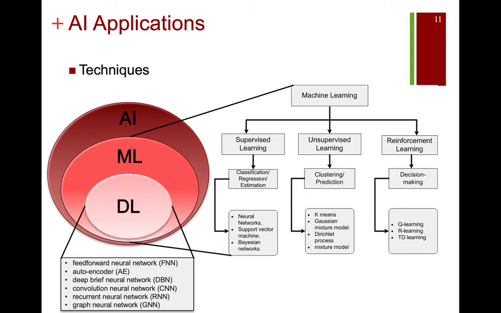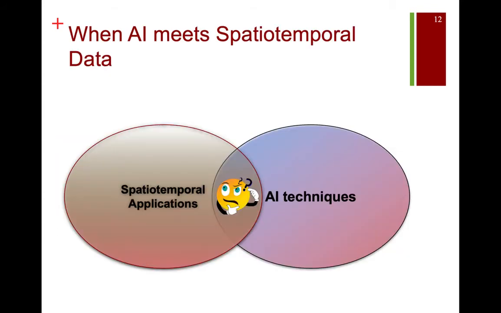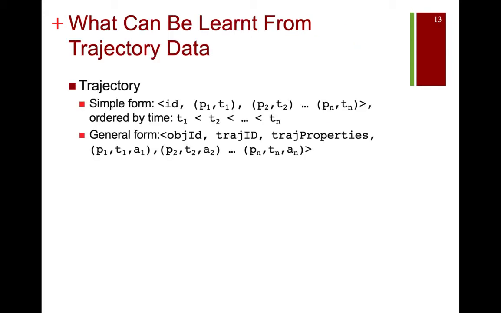So now we have got some ideas on both sides independently. So it's time to look into what exactly is in the intersection of spatial-temporal data and AI techniques. Firstly, let's quickly recap what spatial-temporal data look like.